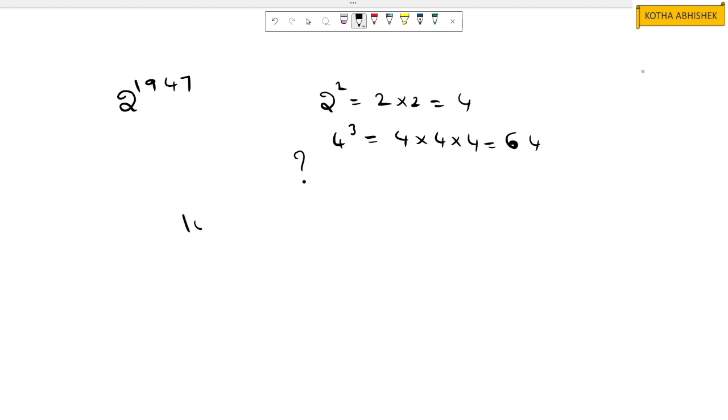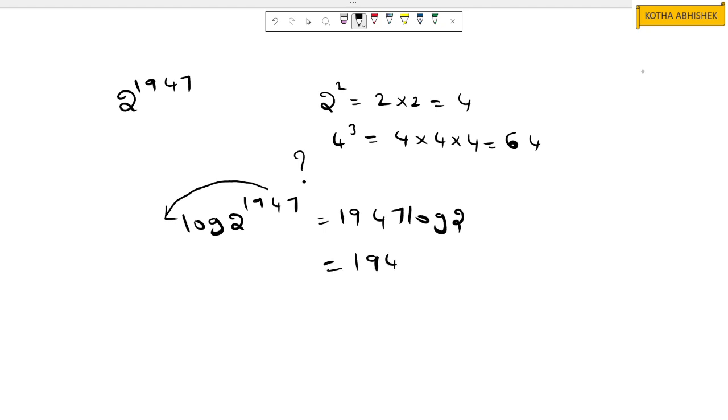So how to solve this one? For the given question, first take log. So that will be log 2 power 1947. In logarithms, if the power is there for the main number, it will go to the front as it is. So it will be 1947 times log 2, where log 2 value will be given in the question itself, that is 0.3080. Now multiply these two numbers, 1947 into 0.3080.